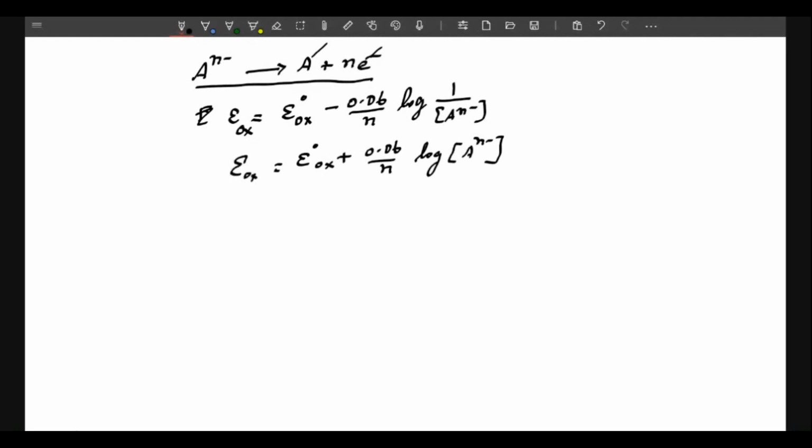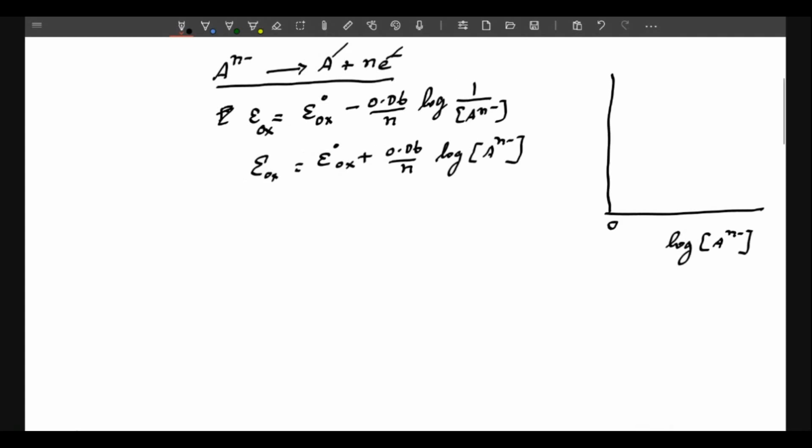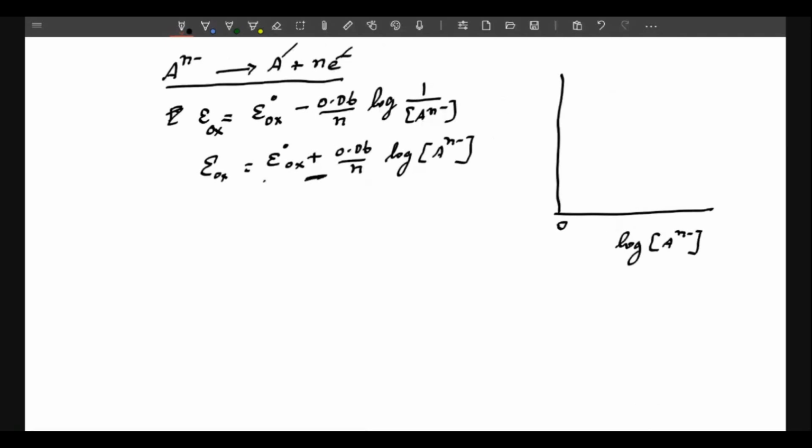Now, if you plot the E oxidation versus the log of concentration of A n minus, for a non-electrolyte the value is a positive slope, a straight line with a positive slope, but there is an intercept, therefore it's going on like this.